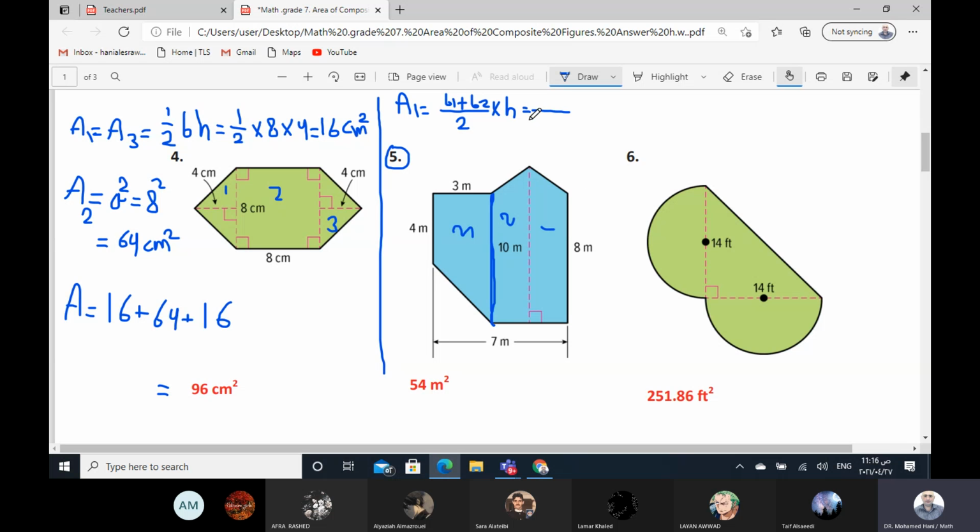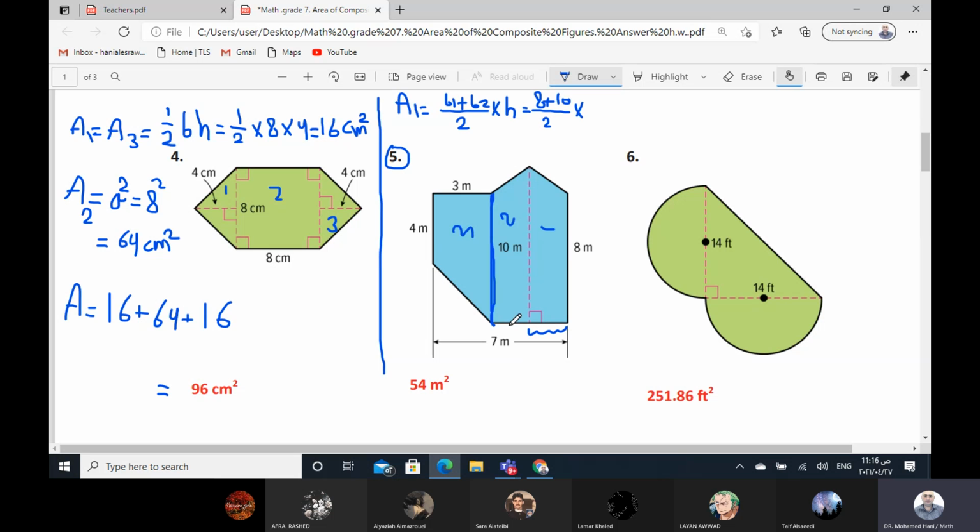And here P1 is 8 plus P2 here 10, over 2, times the height.